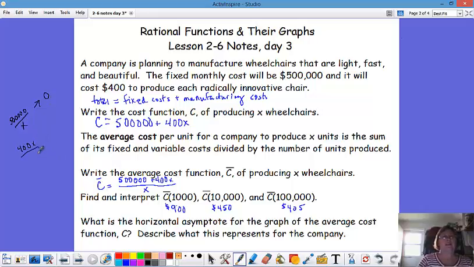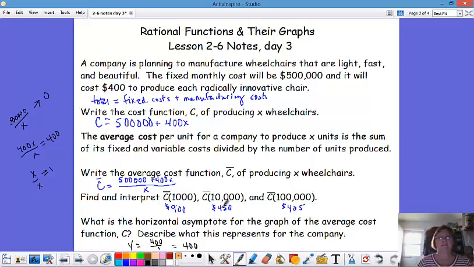400x divided by x is 400. So we have 400 on top in our asymptote. And on the bottom, x divided by x equals 1. So our horizontal asymptote would be $400. Can you describe what that represents for the company?